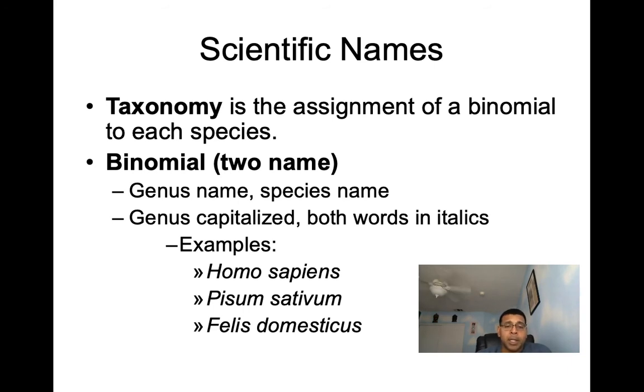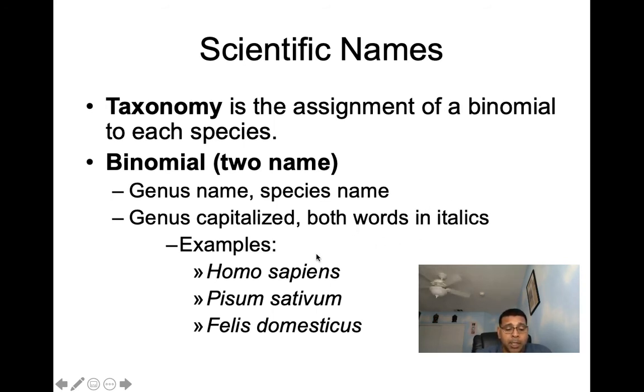Right, we just saw that a few minutes ago as well. So first we'll see the genus name and then the species name. The genus name is capitalized and both words are going to be in italics.